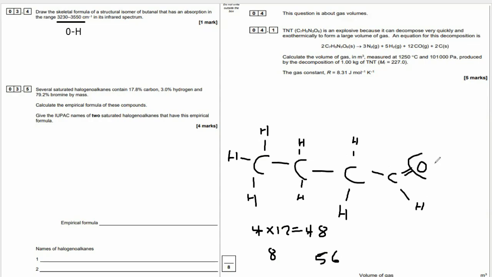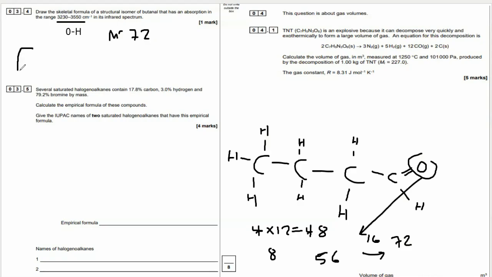And then we've got to add the oxygen on there. And of course, oxygen is 16. Whack those together, and we have an Mr for butanal of 72. So really, we're looking to draw a molecule that has an OH group attached and an Mr of 72. And that's really your only restriction. There is a whole range of molecules you could draw.